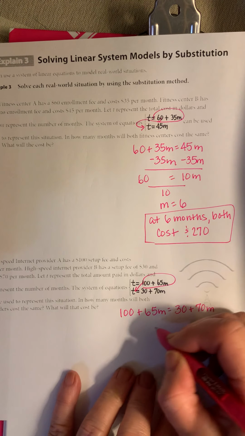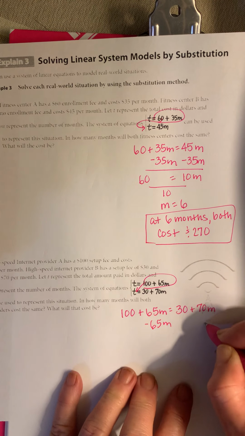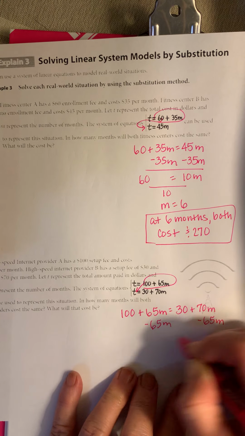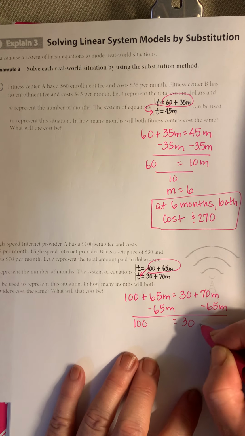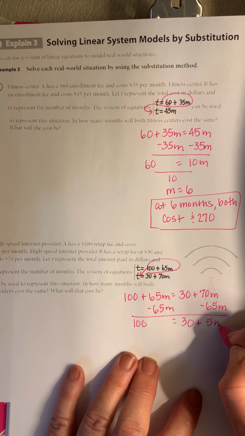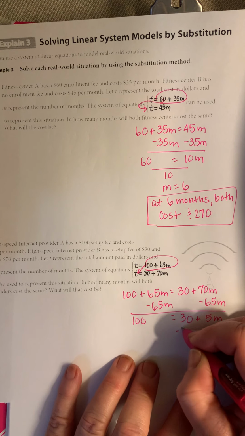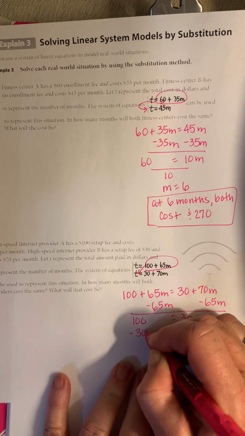Okay, I'm going to subtract the 65m from both sides. I'm going to subtract the 30 from both sides.